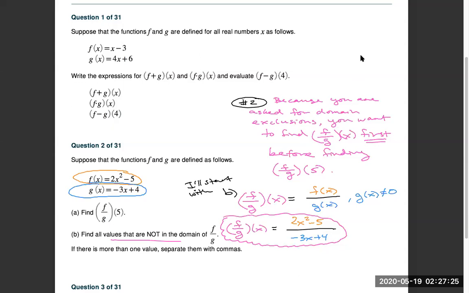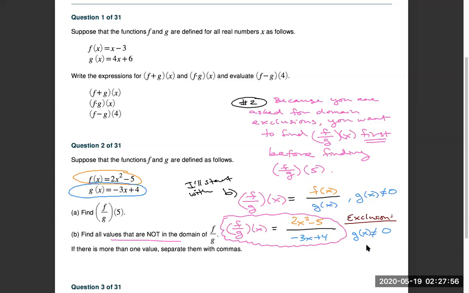Let's put the exclusions in red. Let's do it in a deeper red too, so you know it's not wrong. Whatever, brownish red. So the exclusion is coming from when g of x is going to be equal to 0.